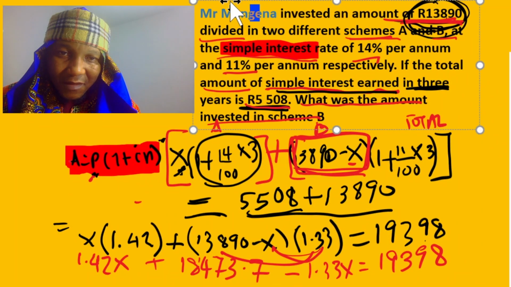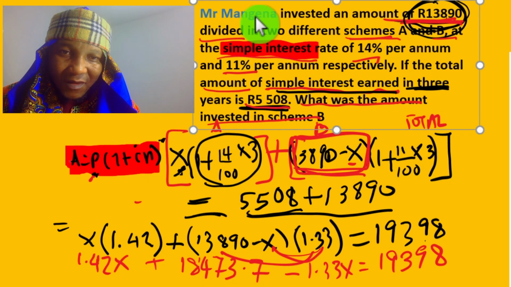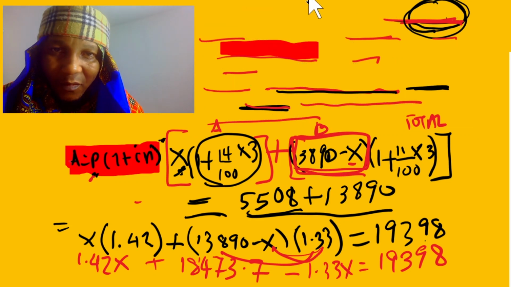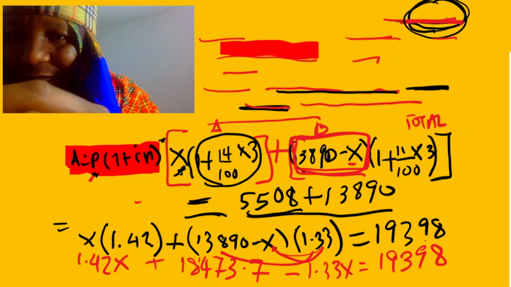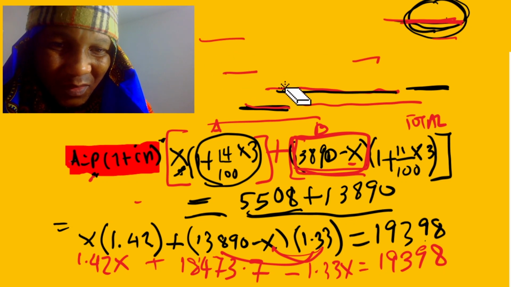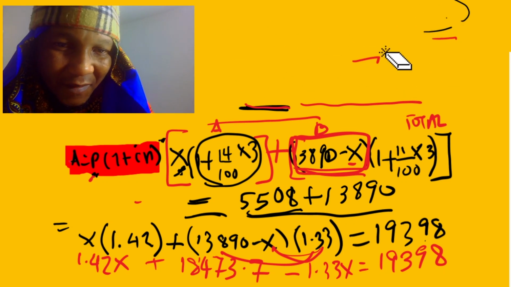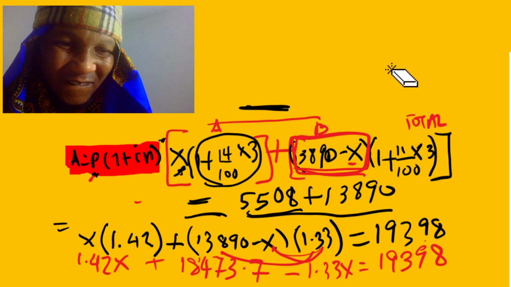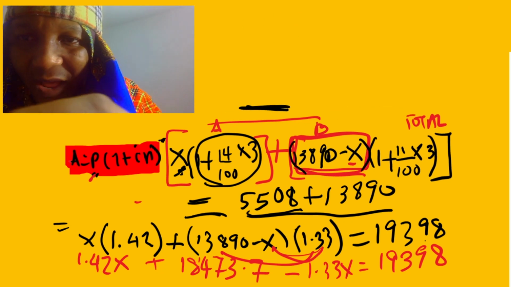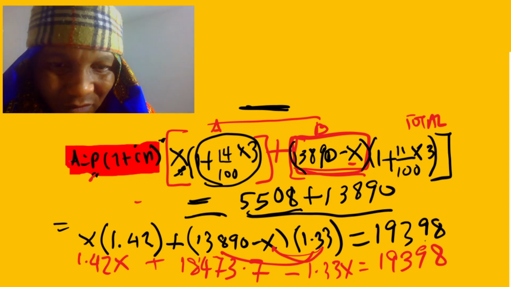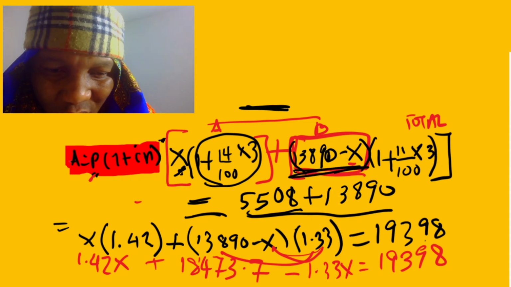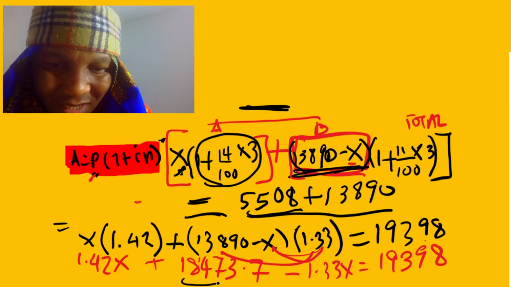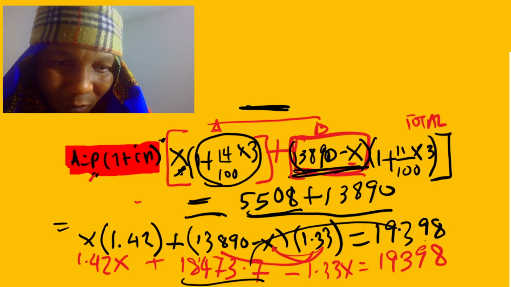Just a second, Femi. I want to do something so we can have a space here. Okay, so now, to get the amount invested in B, we're going to find out. Let's continue now. So if you continue, I'll take this over here.